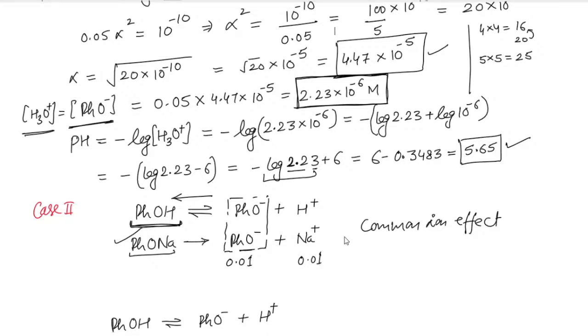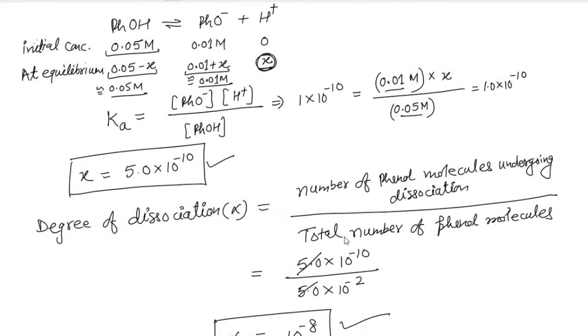Say here you can go like this: 0.05. See, phenol gives phenoxide ion or phenate ion and H plus.